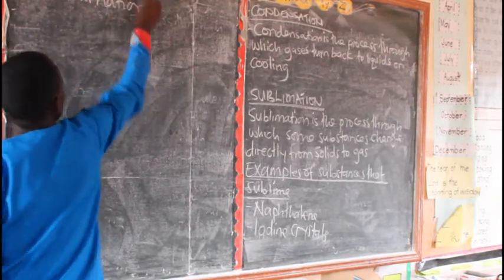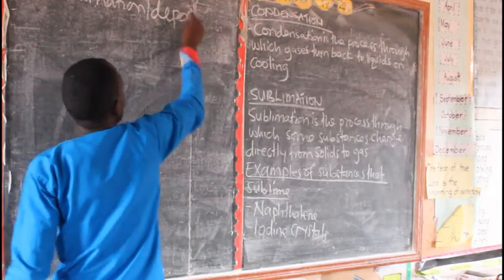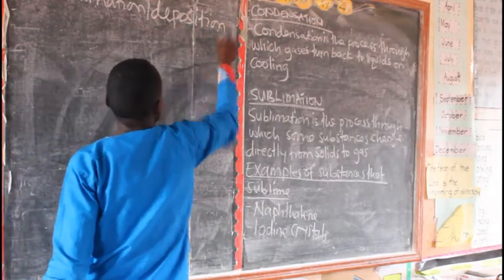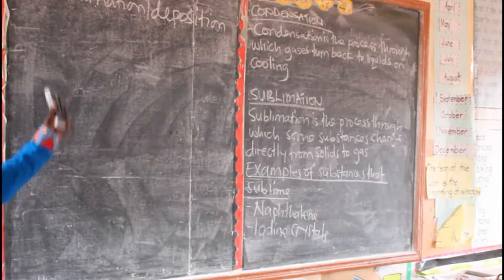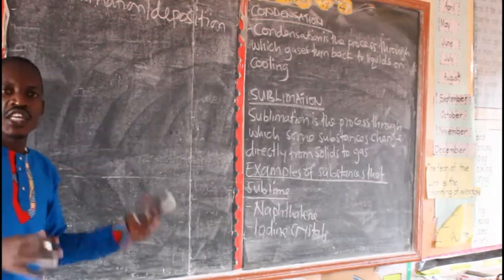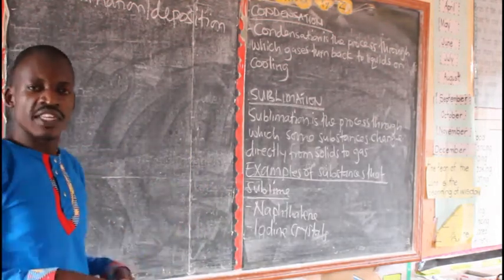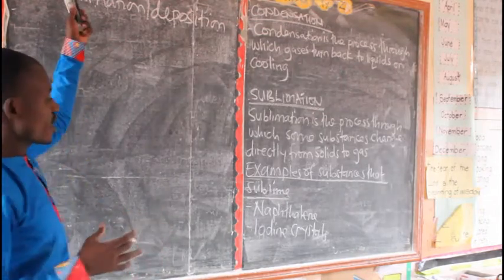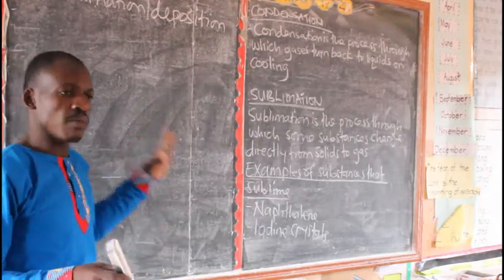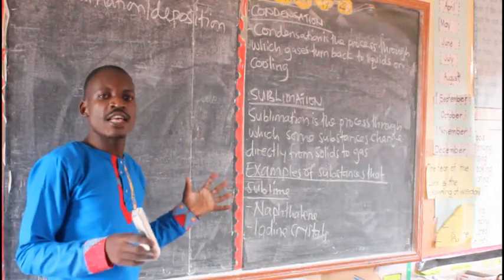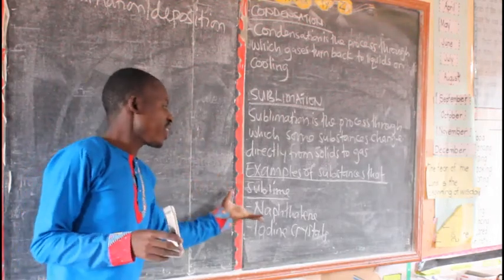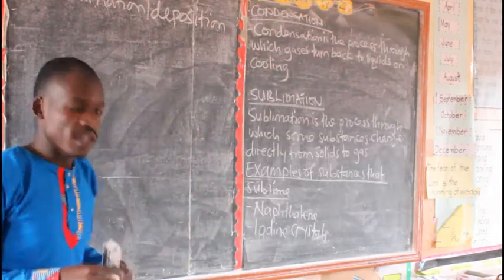With desublimation, we see gas changing back into solid directly. So the substances that can desublime or deposit are naphthalene and the iodine crystals.